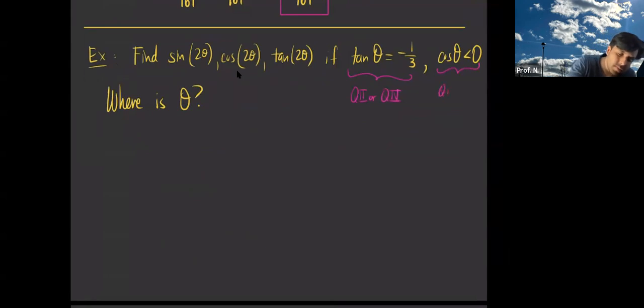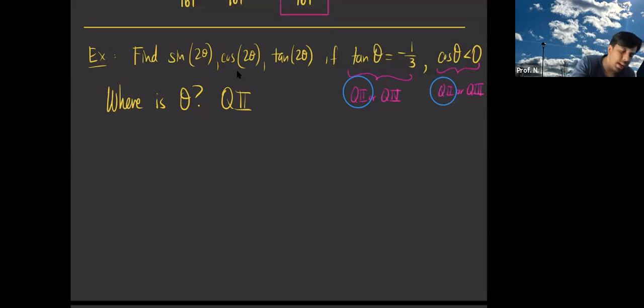Good, Jen. So then what quadrant is theta in? It has to be quadrant 2. So that's important. The only trig function that's positive in quadrant 2 is sine.